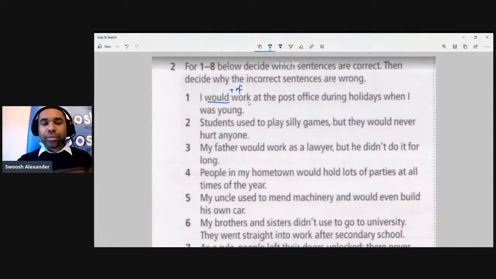This is an action. It's during holidays when I was young, so it's very general. It's taking place over an extended period of time. So this would actually be correct. We can use would for routines, actions which took place in the past.